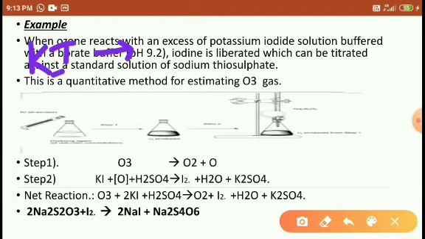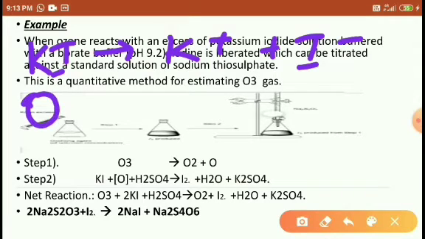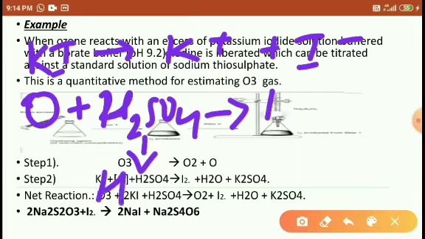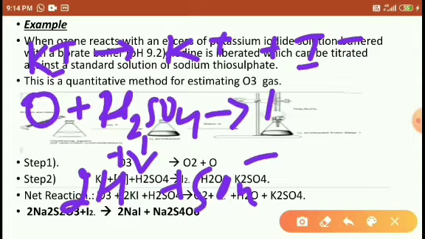Potassium iodide dissociates to form K plus and I minus. Right, students? And we are adding ozone with the H2SO4. H2SO4 dissociates as 2H plus and SO4 2 minus.